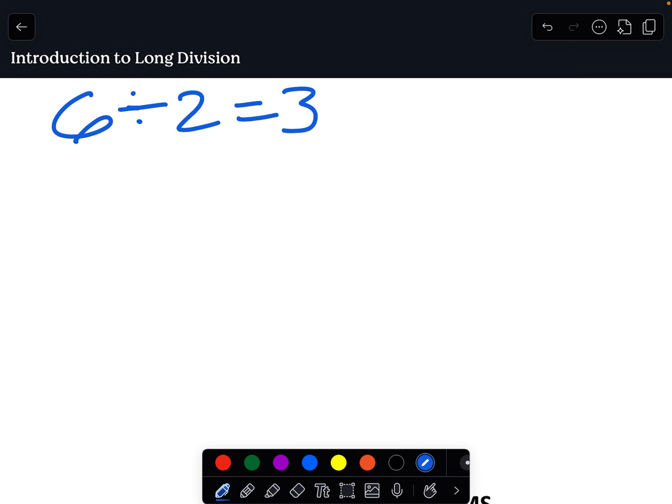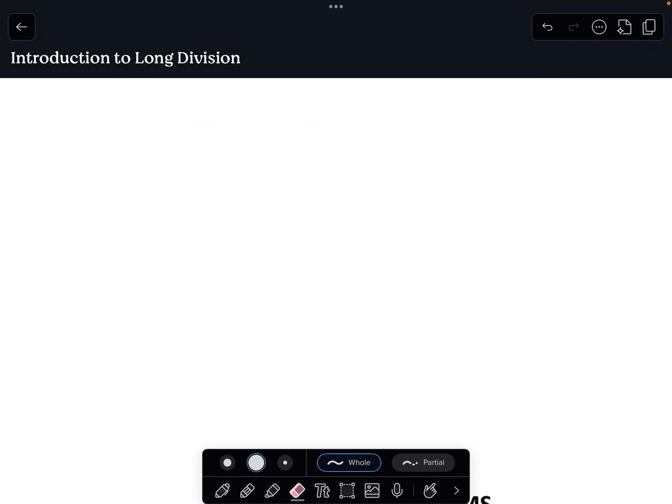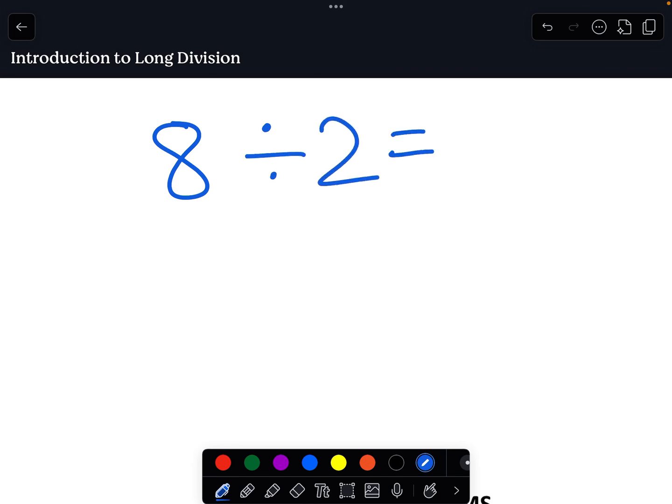So the first thing we have to know when doing a division problem, we have to know division terminology. So, you know what, I'm going to write this down a little bit larger. Let's even change the problem. Let's do 8 divided by 2 equals 4.